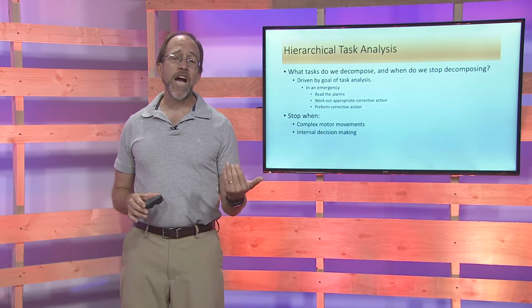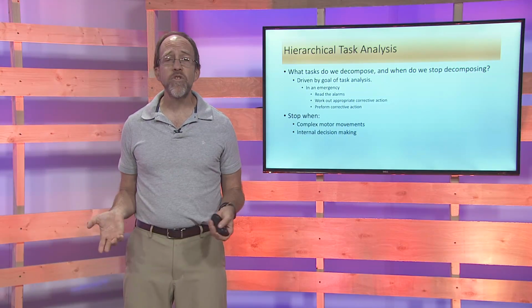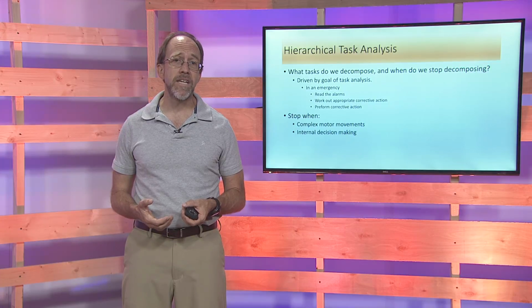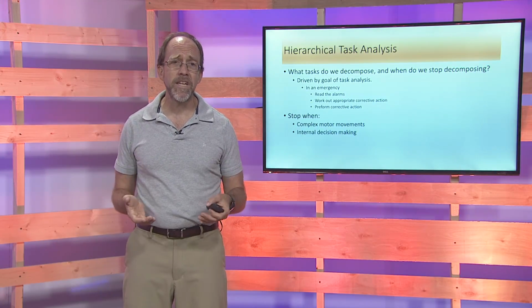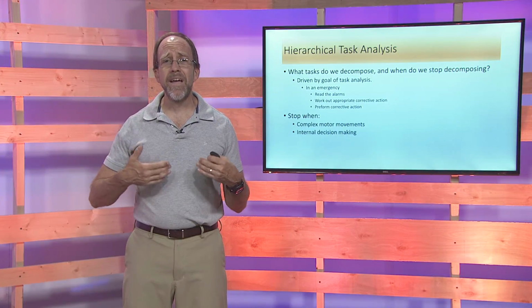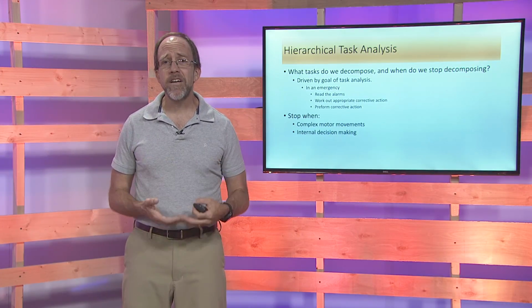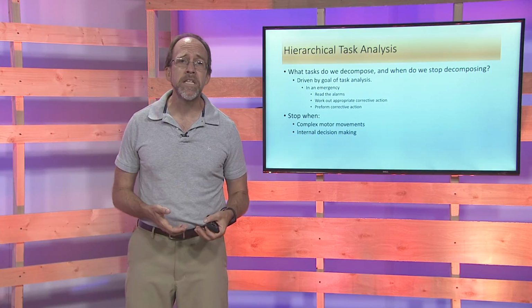Part of the design process is knowing how far you've got to go into this decomposition process. For me, a general rule of the decomposition process is when you get to a stage where you really have just common knowledge of how to do something, you don't need to go tremendously further.